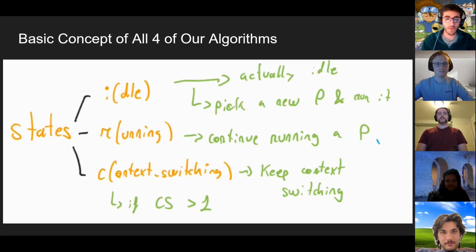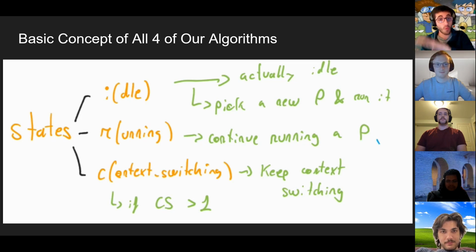The following algorithms are heavily based on this concept of process states. The processor is going to be in one of three different states. It can be idle, which means it is not doing anything, or it is the state in which we select a new process to run.